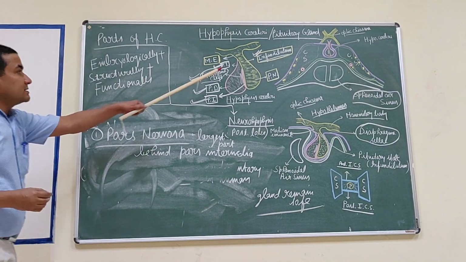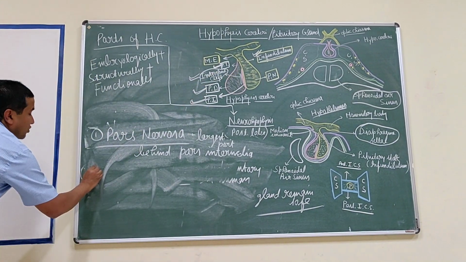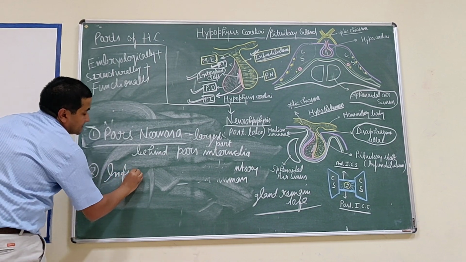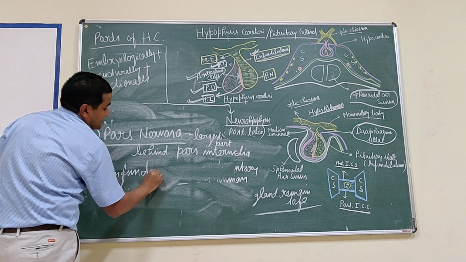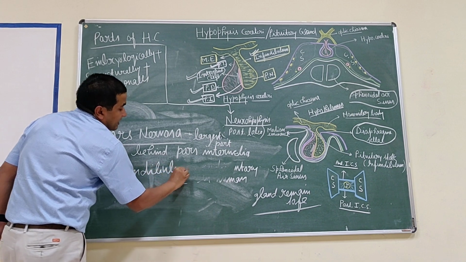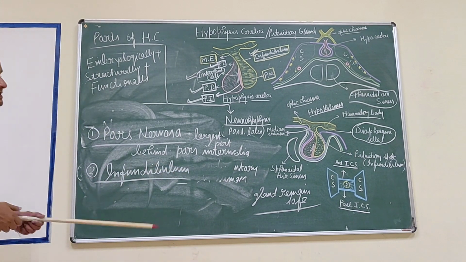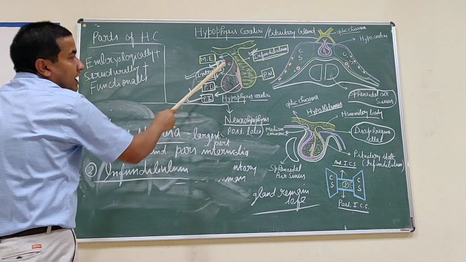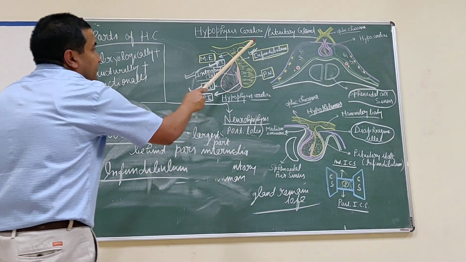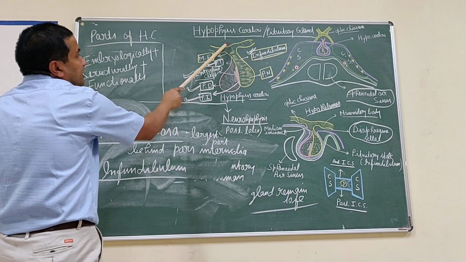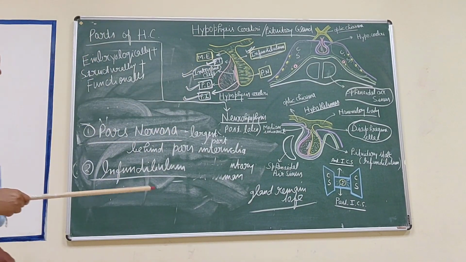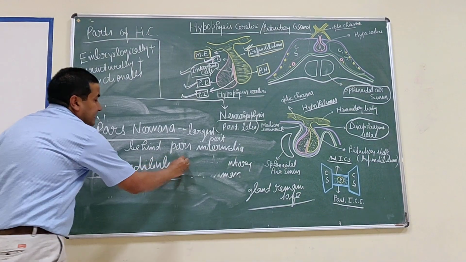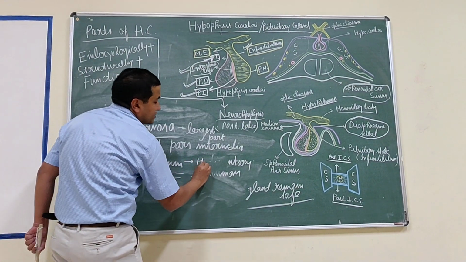Then the second part is the pituitary stalk, known as the infundibulum. It is the upward extension of the neurohypophysis. This infundibulum connects the pituitary gland with the hypothalamus, and it is a hollow structure.